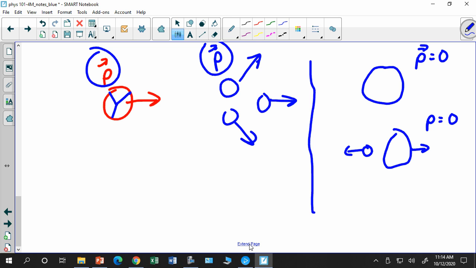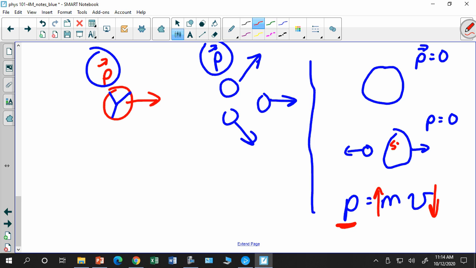What can you tell me about the speeds of these 2 objects? If they have the same momentum, which one has the bigger speed? The lighter one, right, because P is equal to mv. If P is constant, if m is big, that means v is small.